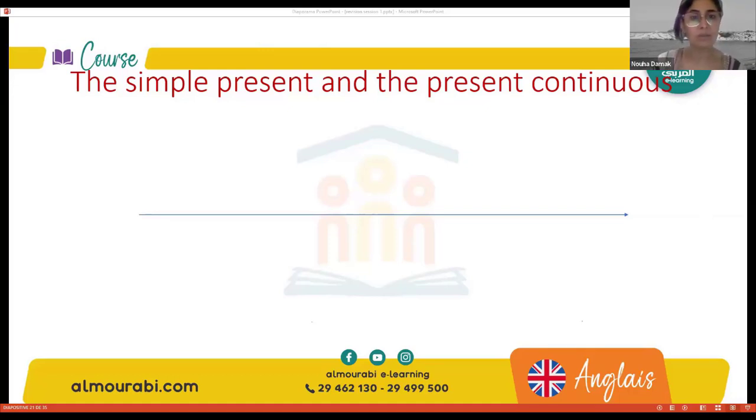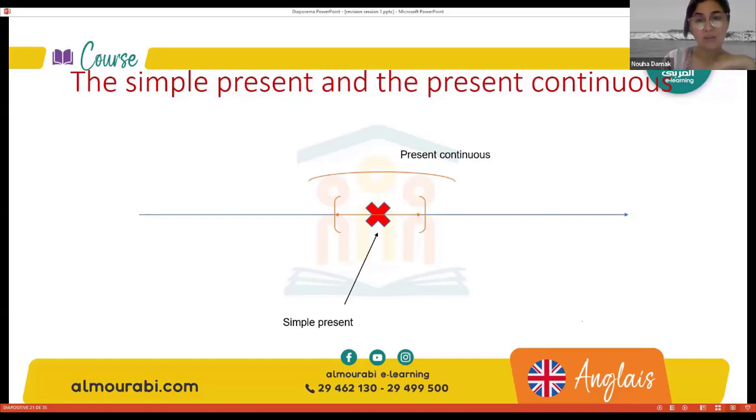Good. Okay. So when we draw this timeline, of course, in the middle, because we are here, this is the simple present. And the present progressive is somewhere here, around the simple present, but it takes time. So that's the present continuous.